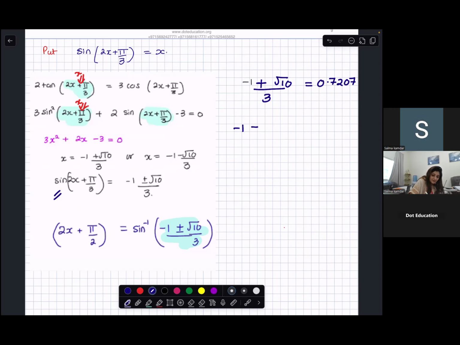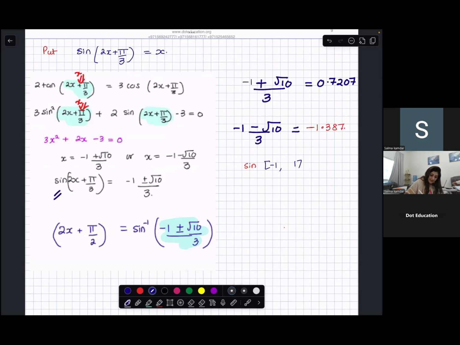And minus 1 minus root 10 by 3, what is the value of this? It is minus 1.387. Now I know that my sine should be within the range minus 1 and 1.